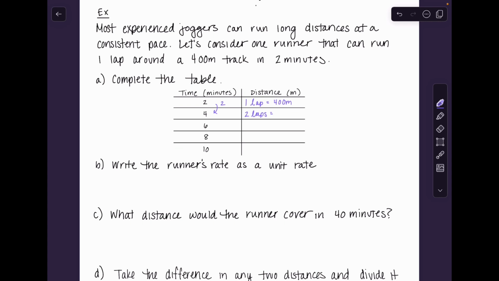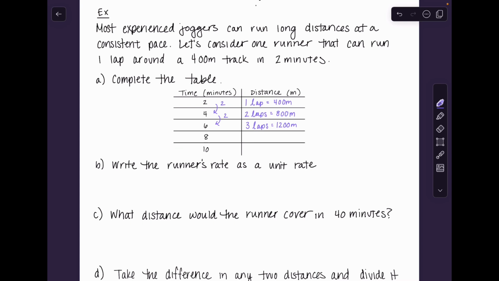So they were able to go another 400 meters, and after 4 minutes, they've traveled a total distance of 800 meters. And again, 6 minutes is 2 minutes more. So this person is able to run 3 laps in that time frame. So another 400 meters means they've traveled a distance of 1,200.